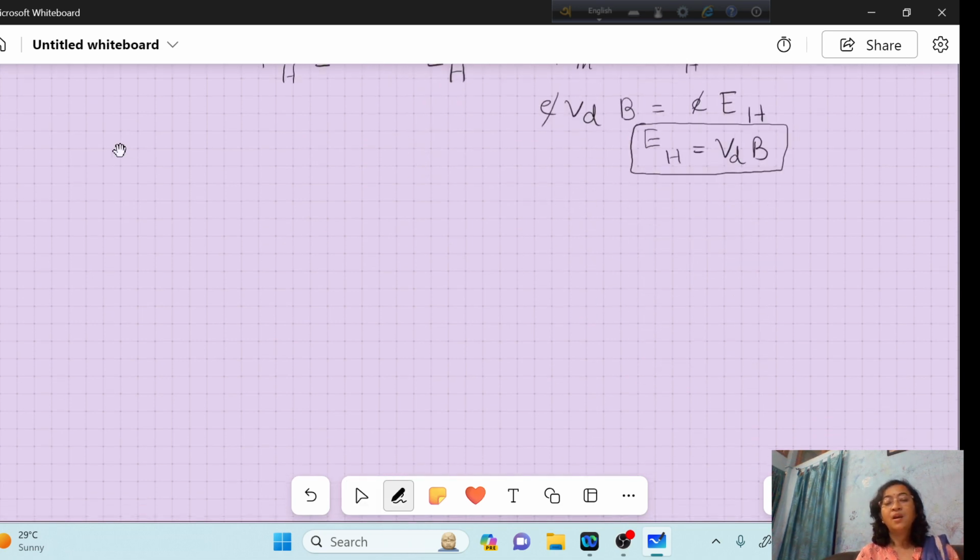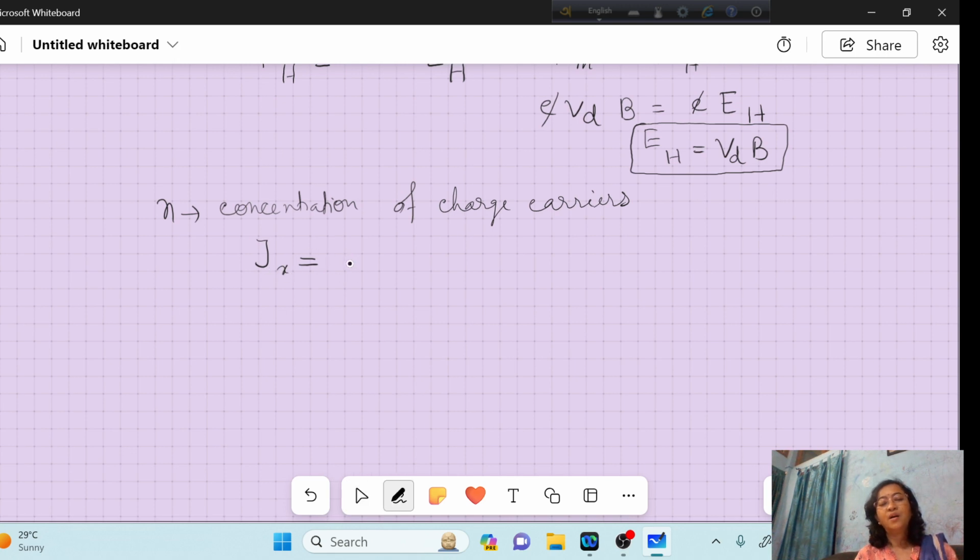Now, if N is the number of charge carriers per unit volume, that is the concentration of charge carriers, then the current density will be equal to minus N e Vd due to electrons.